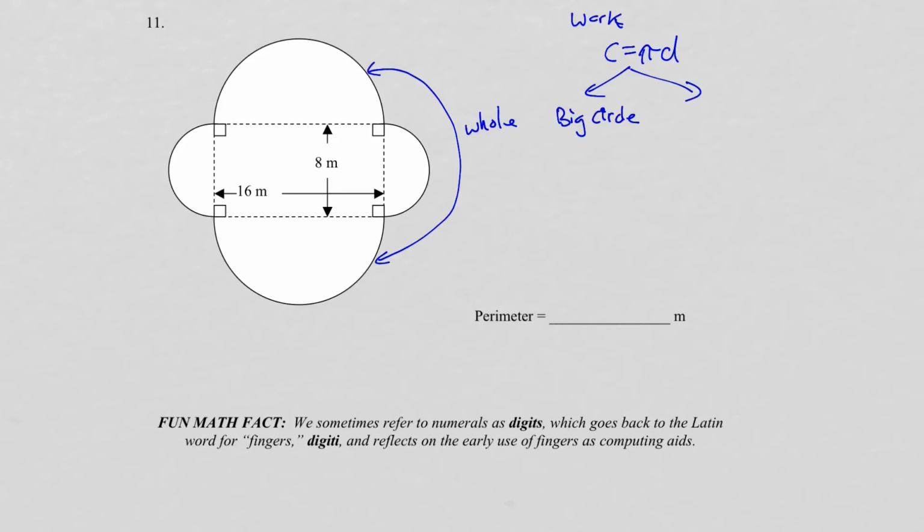And then we can see the two smaller circles. If you put those together, you also get a whole circle.